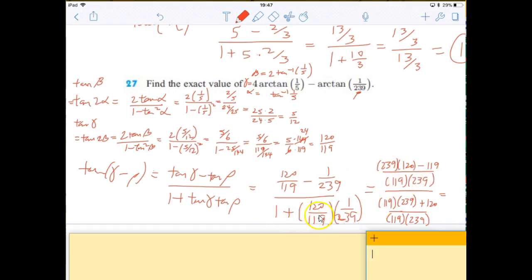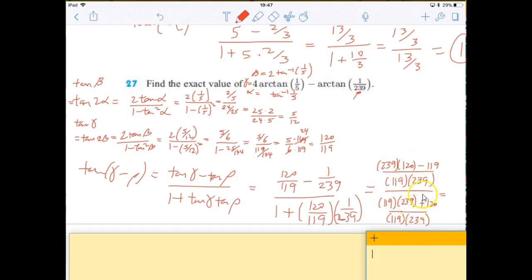And for this one here, the common denominator is going to be 119 times 239. We multiply the 1 times 119, 239 on top, 119 times 239 on the bottom. We get this ugly expression. We add it to 120 because 120 times 1 is 120. And then you can see that the denominators cancel out. 119 times 239 is the denominator on top. 119 times 239 is the denominator on the bottom. Those cancel out. We're left with just the numerators.